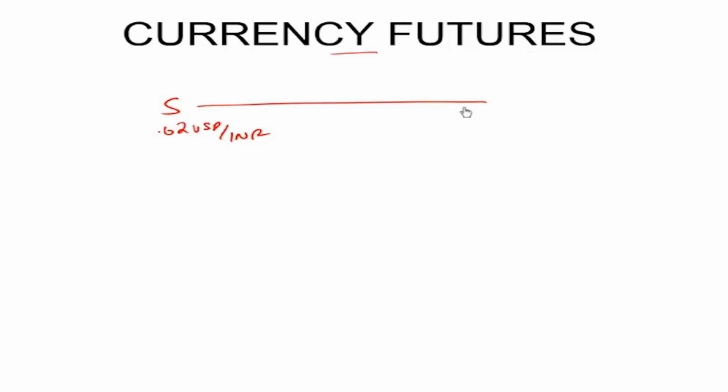Similarly, a US citizen would be coming to India 6 months later and he would need some Indian rupee or he would want to sell some USD. So again, both of us can enter into a contract to exchange a fixed amount of currency at a fixed rate in the future. At t equal to 0, this is the spot rate of the currency. At t equal to 1, we can exchange the currency at some pre-decided rate K or F naught.